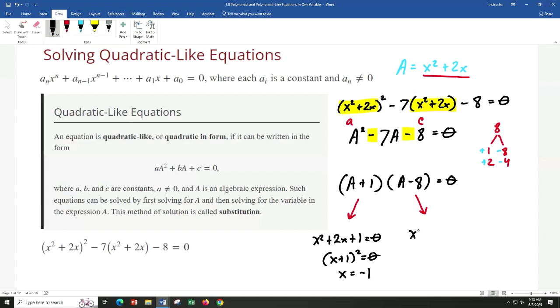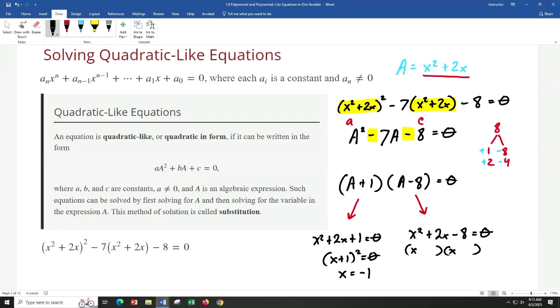I get x squared plus 2x minus 8, all equal to 0. That will obviously factor too. You're going to get an x in both.